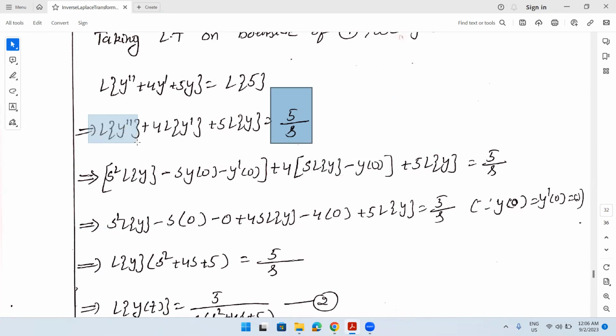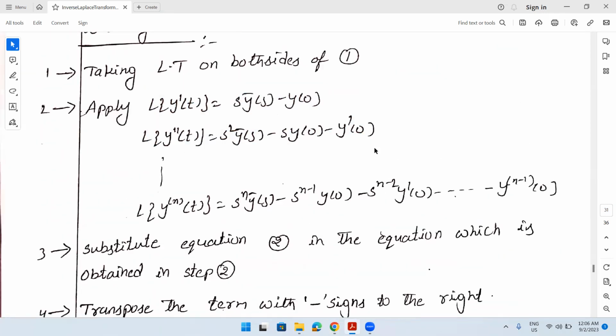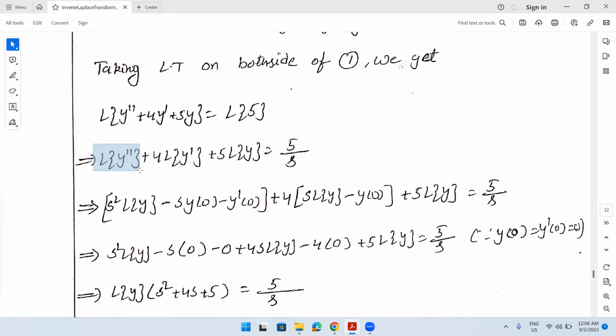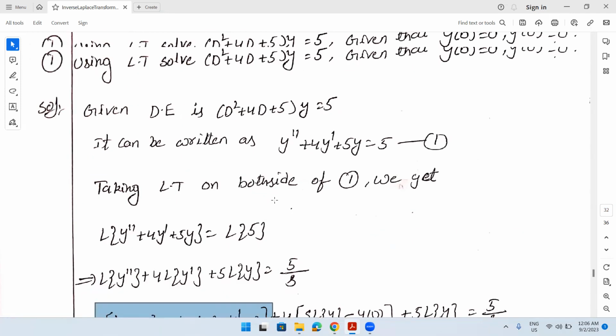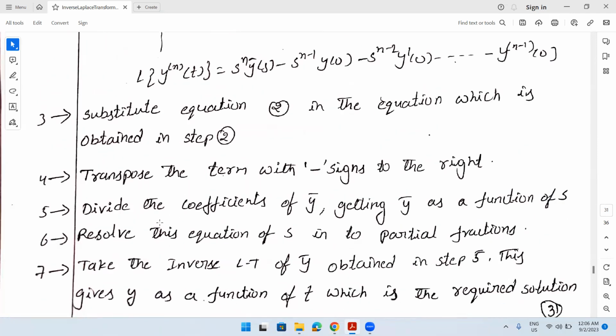The left hand side: L of y double dash, L of y dash. These two formulae we have seen here. Apply and substitute these two. First, L of y double dash is nothing but s square L of y bar of s, or L of y, both are the same, I told you. Here it is y bar of s, but in the place of y bar of s, we can also write L of y.